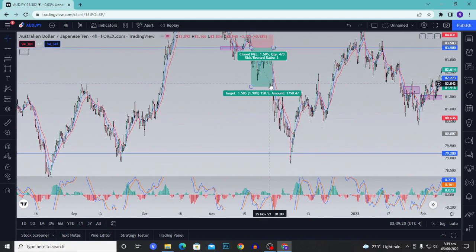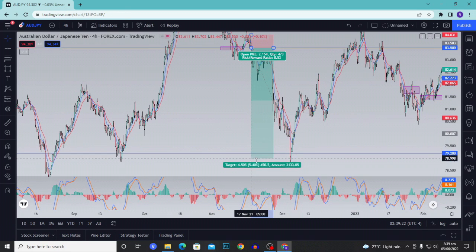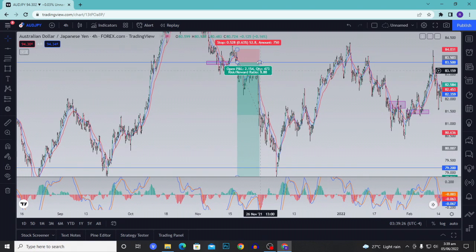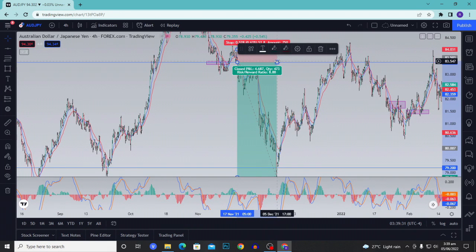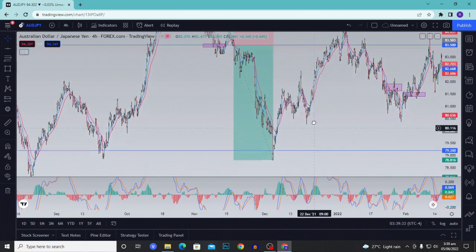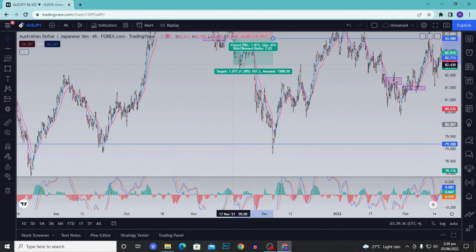And this trade went all the way down for a 1 to 8.88 risk to reward ratio. But since it's a day trade instead of a swing trade, we just take the 1 to 3 and we're done.